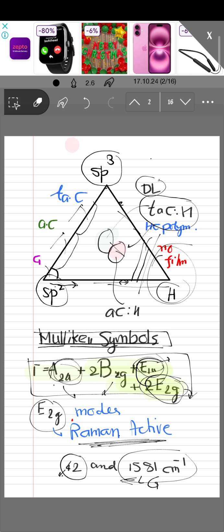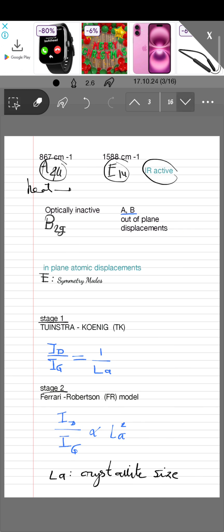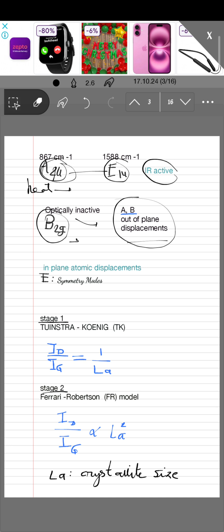So these are for IR active. And the last one is an optically inactive symbol. The A's and the B's are not IR active. The optically inactive ones are out-of-plane displacements, whereas the E's are the symmetric modes, and they represent in-plane atomic displacements.